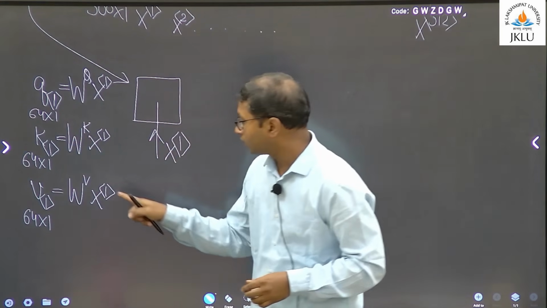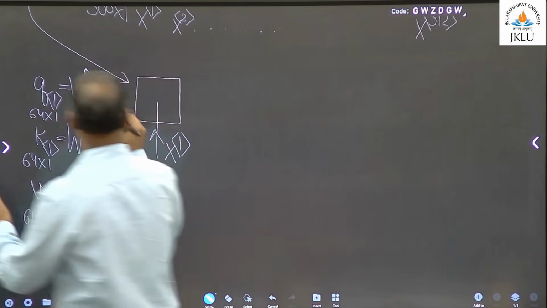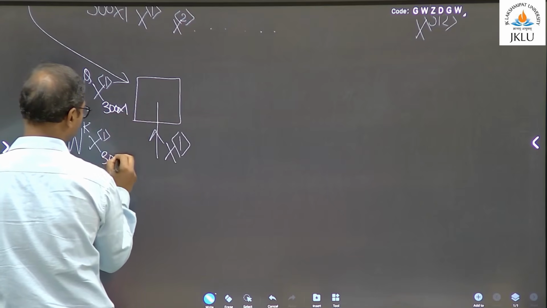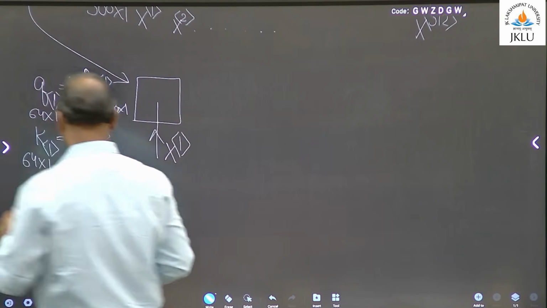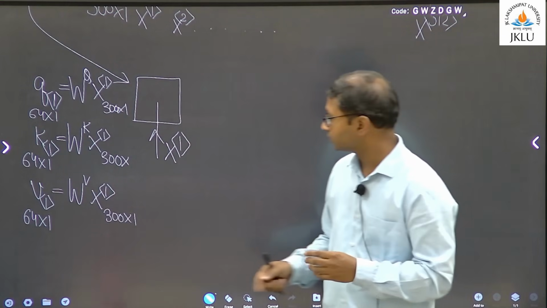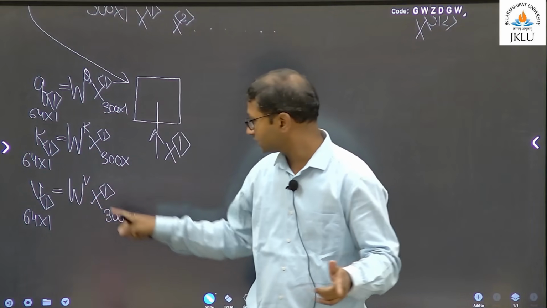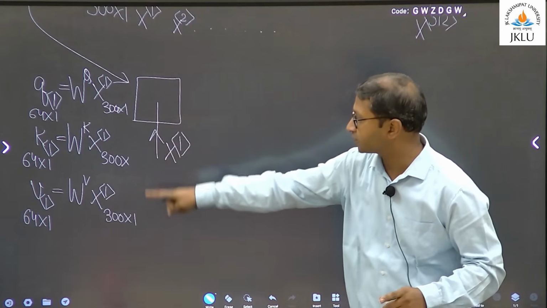Now x1 was 300 cross 1, and again this was our choice. So this fixes W to be 64 cross 300. Is that right? Okay, so you get the dimensions of this.